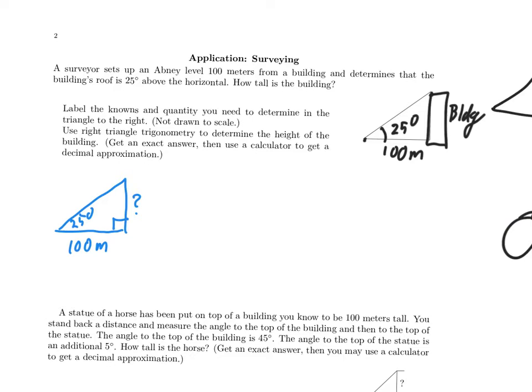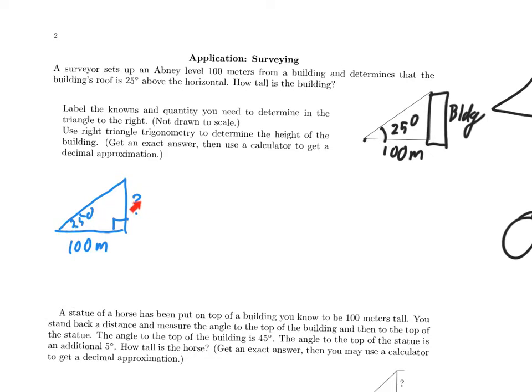If we were to use sine, that would reflect an interaction between opposite and hypotenuse. I don't know either of those, so I'll have an equation with two unknowns. You can't solve that. Cosine is adjacent over hypotenuse. That doesn't involve the quantity that we would like to know, so that's not useful.